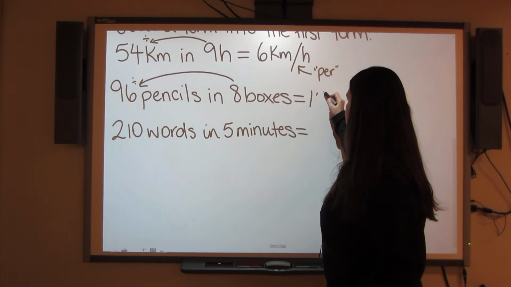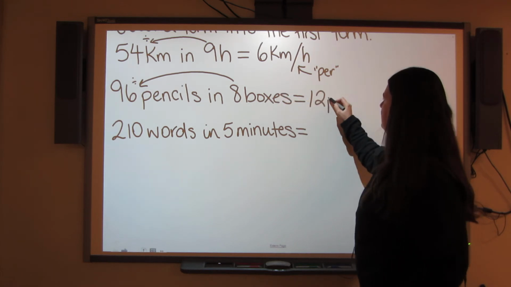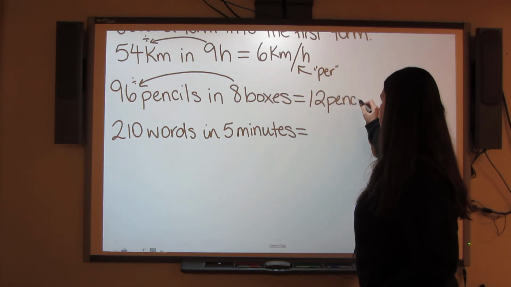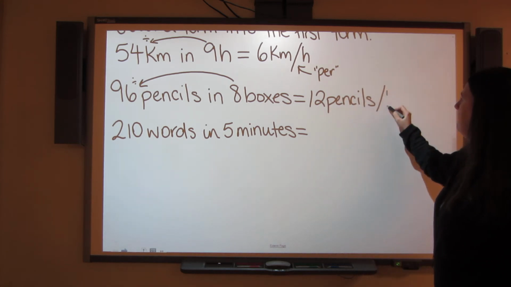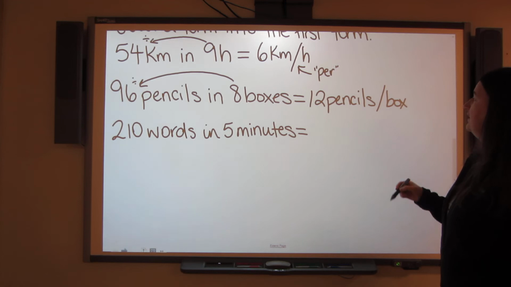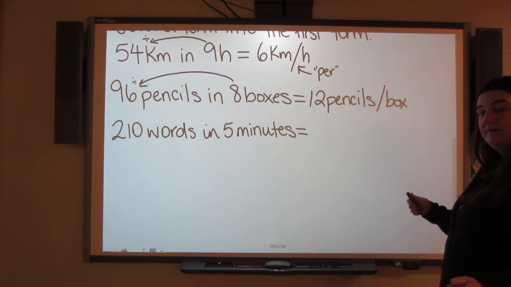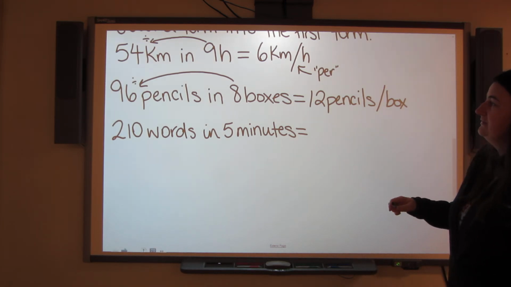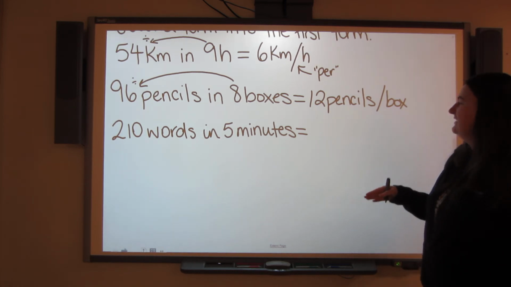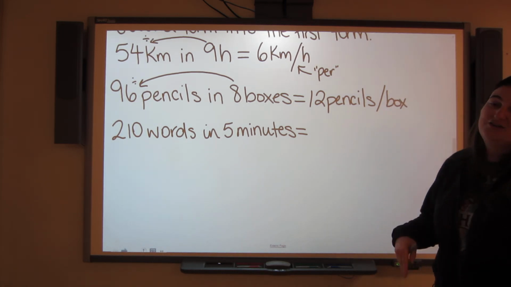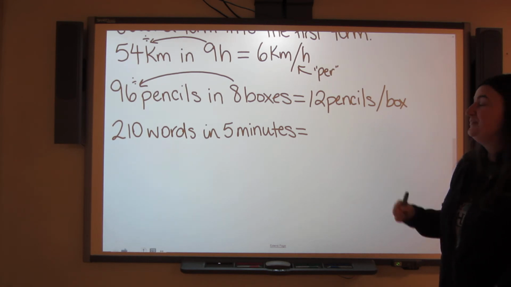So you put 12 pencils per box. You don't write 1 box. You don't use your equal sign. You don't write the word in, you don't use a ratio symbol. When you're doing unit rates, you want to use the slash or the line that means per.